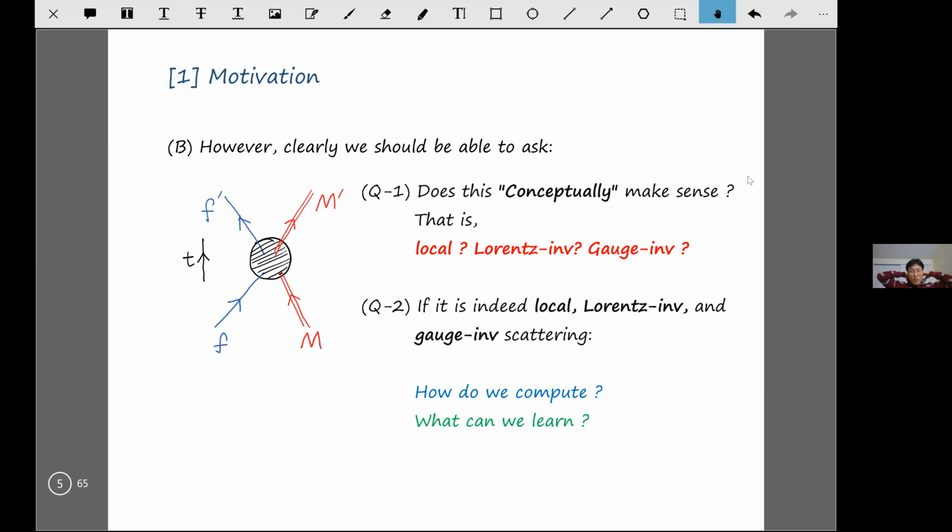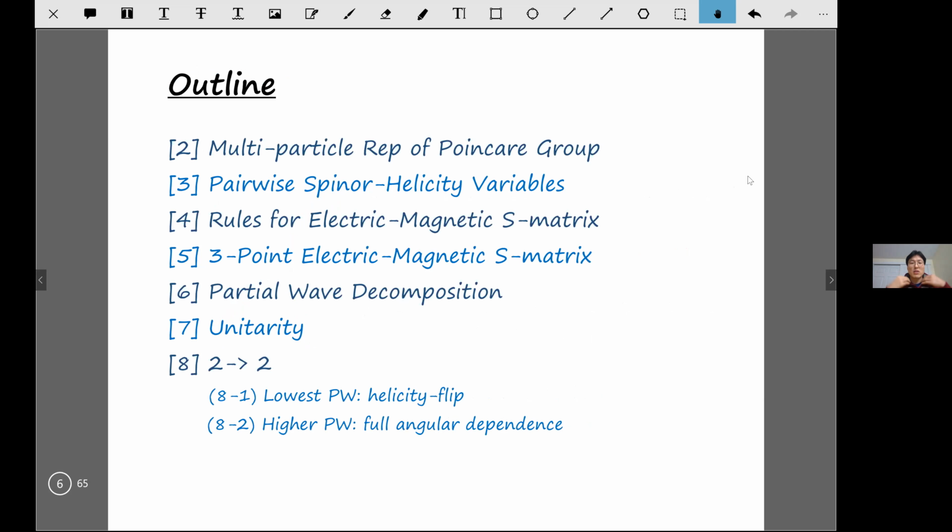All right, so let's move on. Here is the outline of my talk. In the first part, I will talk a little bit about the multi-particle representation of the Poincare group. In fact, the conventional wisdom is not very precise, and I will mention in what sense it is not precise, and then I will provide corrections to that.